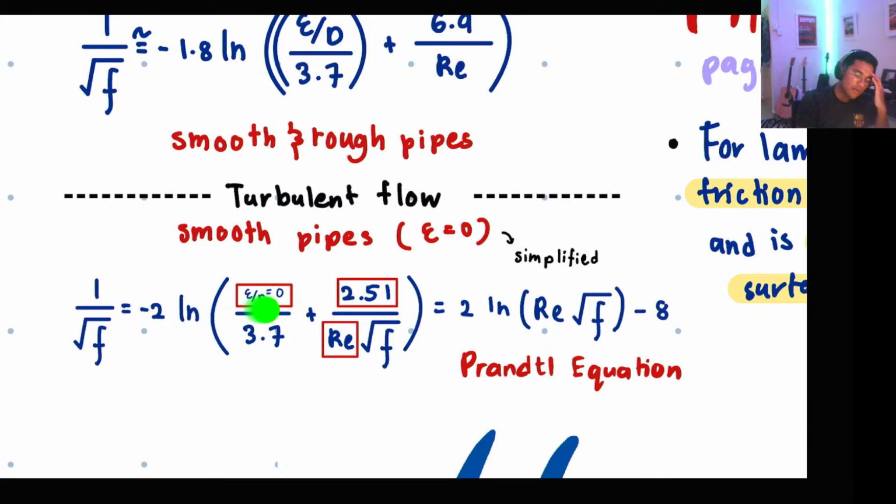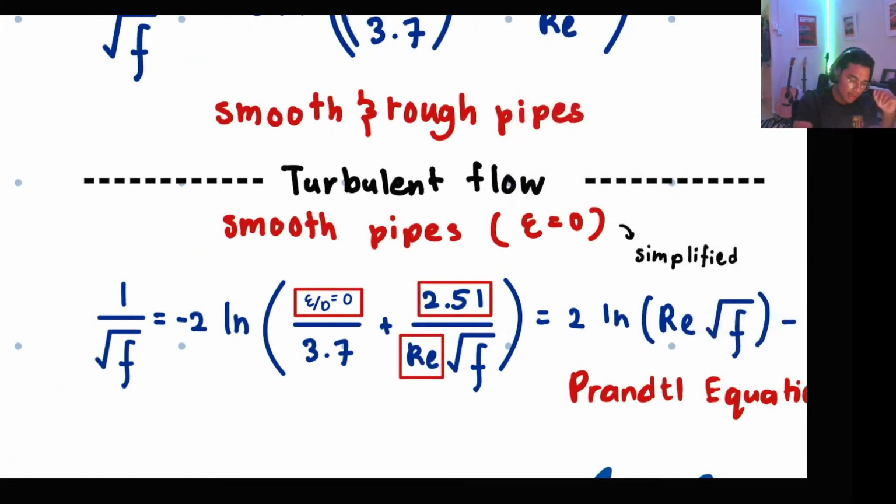So epsilon equals 0, and 2.51 is a constant, so we can eliminate that also. Since the Reynolds number over the square root of the friction factor is to the power of -1, we can eliminate this.